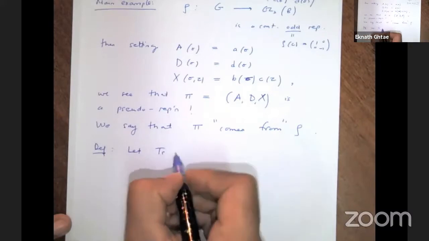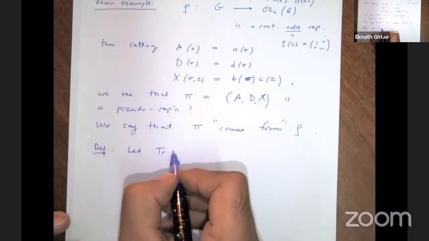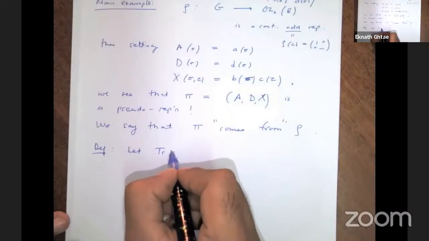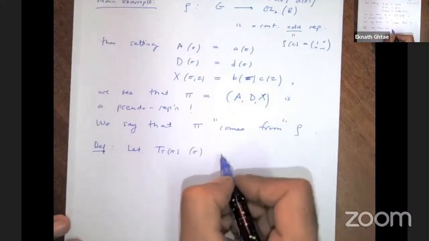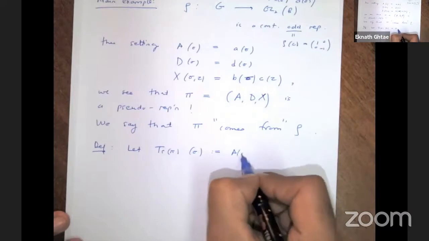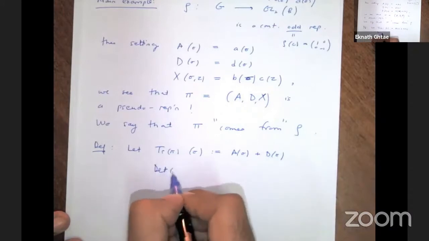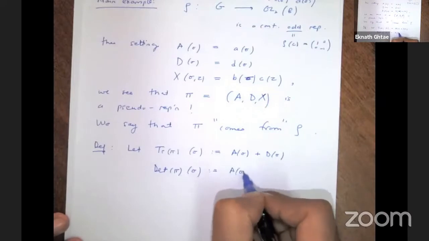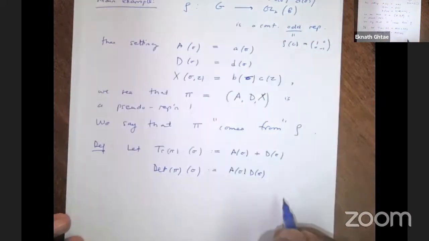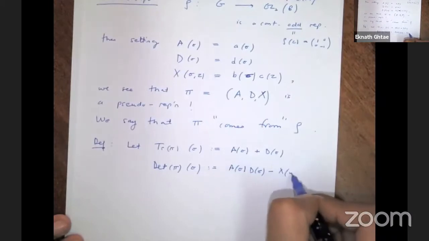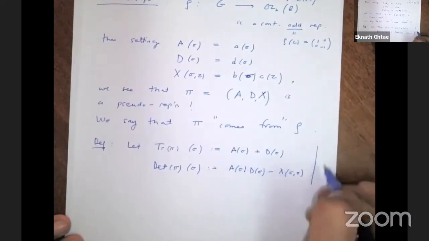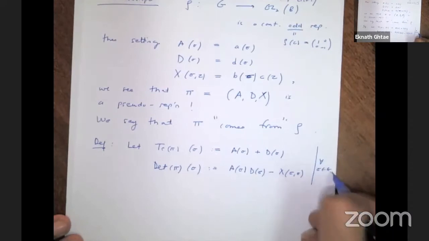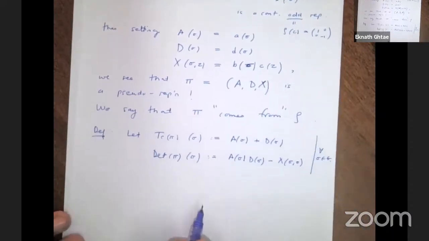So let the capital trace, I'm writing capital letters for pseudo representations so that it's a bit less confusing, be A of sigma plus D of sigma, and the determinant of the pseudo representation, you can guess what it is, A of sigma, D of sigma, diagonal entries product minus the anti-diagonal entries, for all sigma in G. Okay, so this is the trace and the determinant of the pseudo representation.